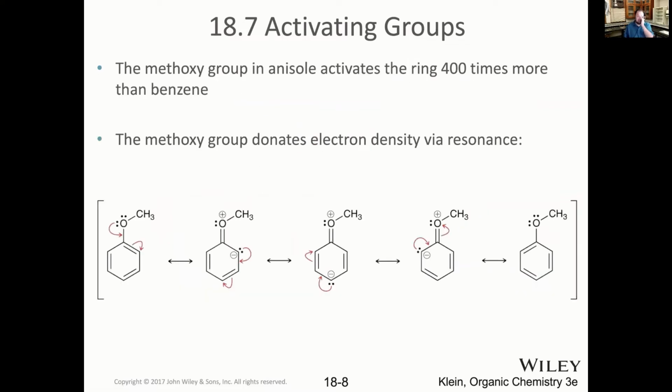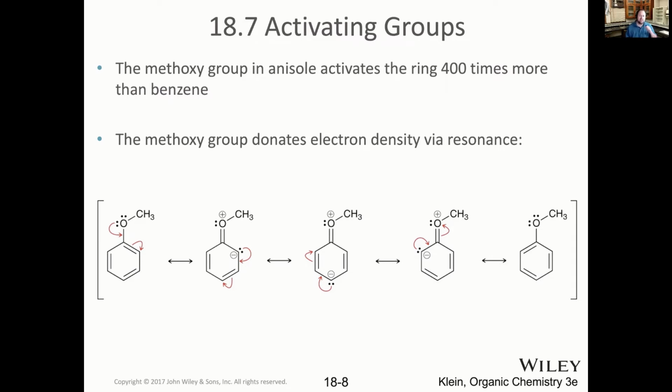Now, methoxy groups are actually 400 times more reactive. I should say a methoxy group on a benzene ring, known as anisole, activates the ring 400 times more than benzene.